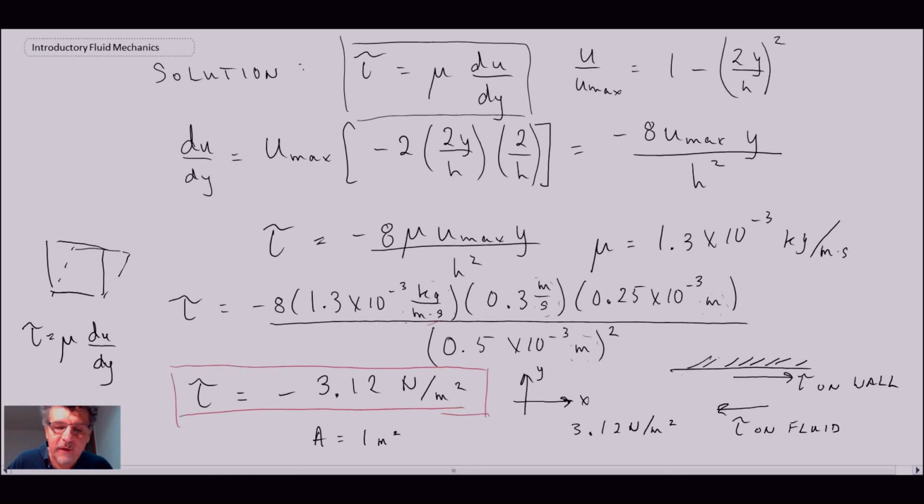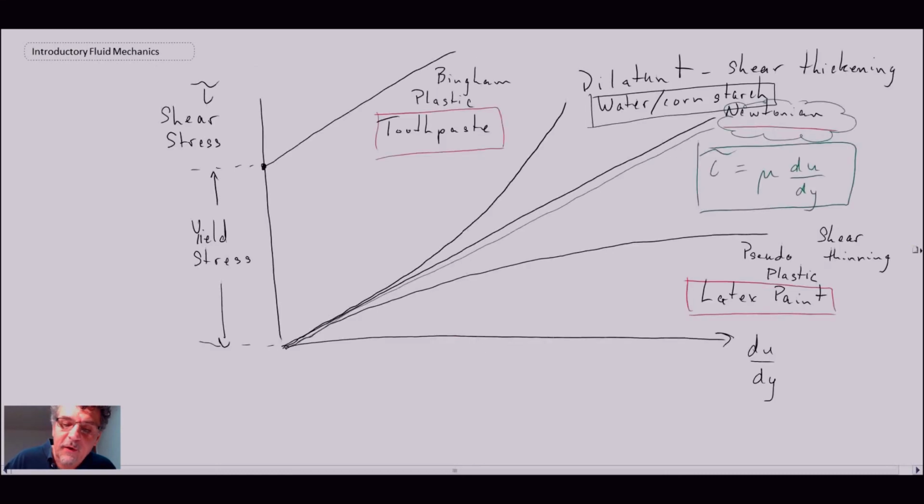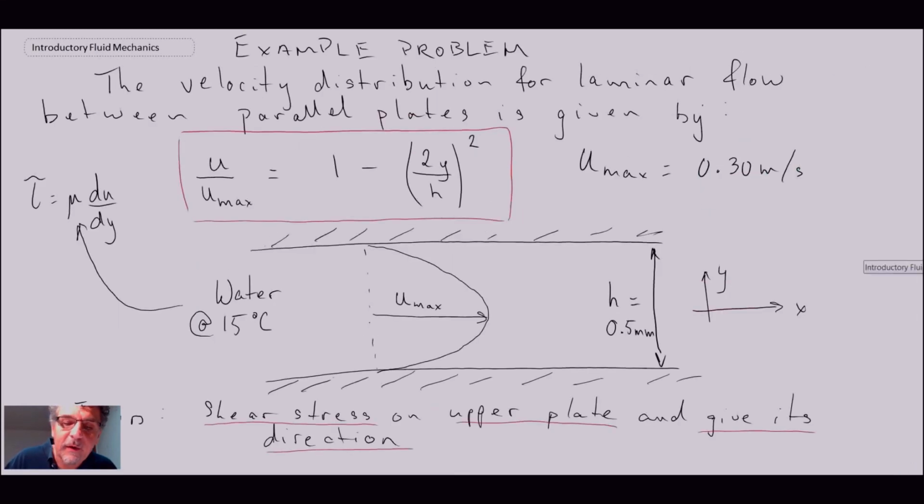So that concludes the example of determining the shear stress on the upper wall, and what we find is that it is in this direction, and it is 3.12 newtons, assuming area equals 1 meter squared.